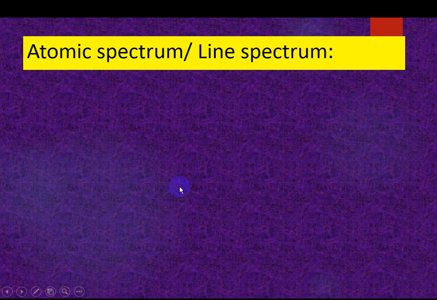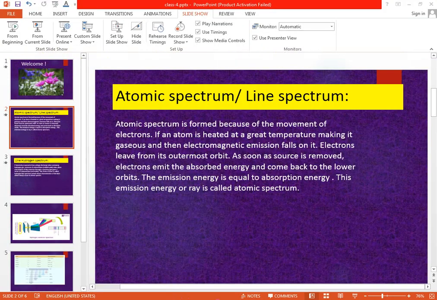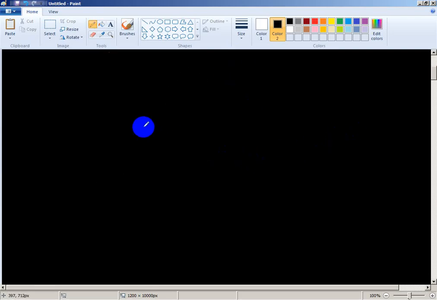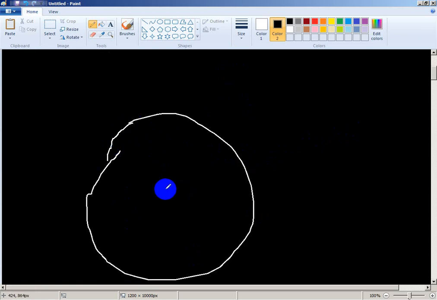What is atomic spectrum? Line spectrum. When electrons stay in different stationary orbits, an electron in a lower energy orbit, when it gains energy from an energy source, absorbs energy and moves to a higher energy orbit.